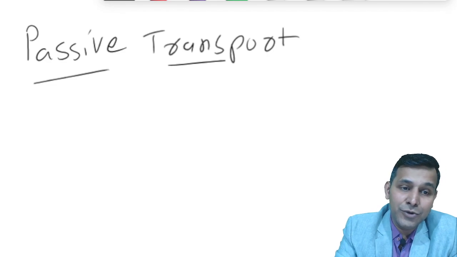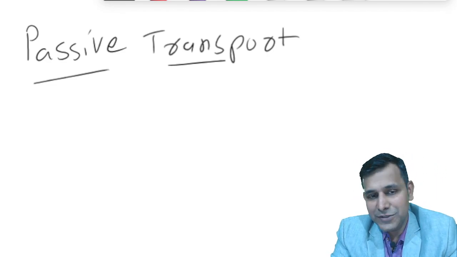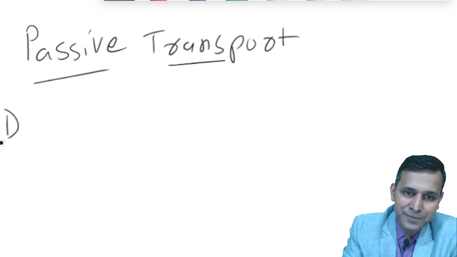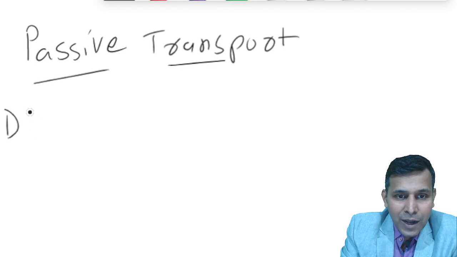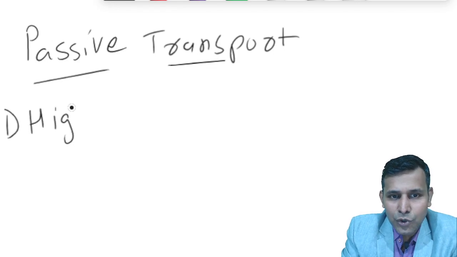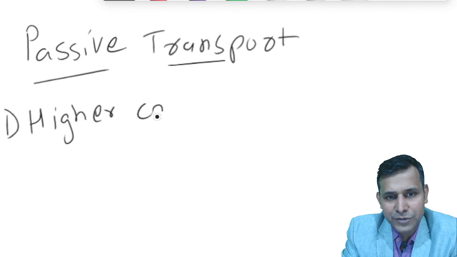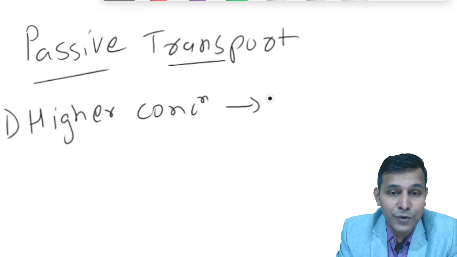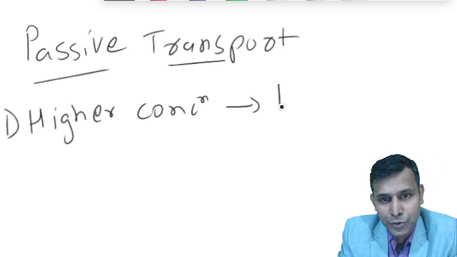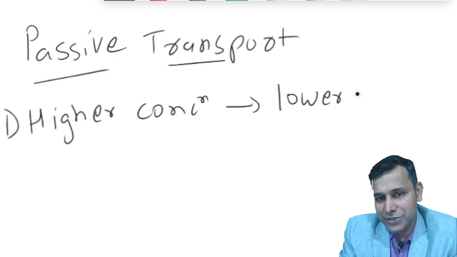Let us first note those three important features. Number one, a passive transport always occurs from higher concentration to lower concentration. The substance always moves from higher concentration to lower concentration.